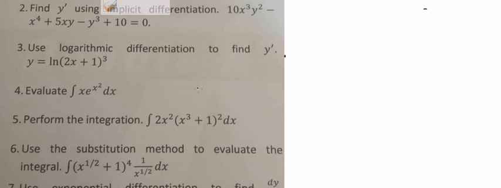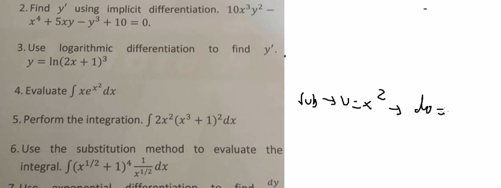Number 4, we need to use substitution. So we set u equal to x squared, du equal to 2x dx. Because we don't have the number 2 in here, we divide both sides with number 2.